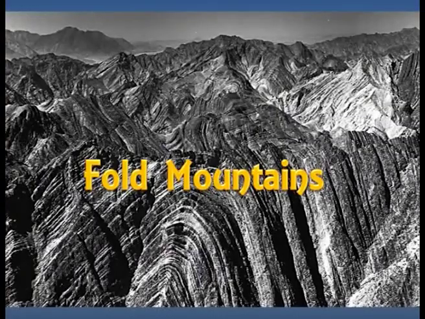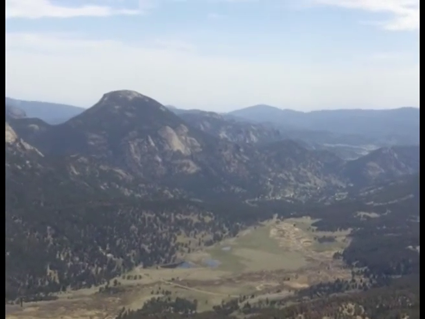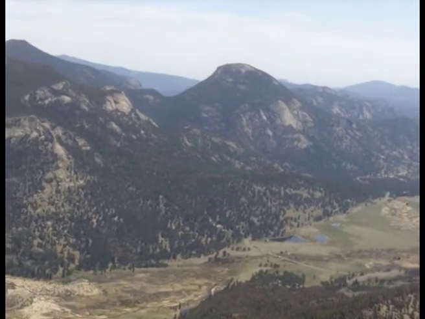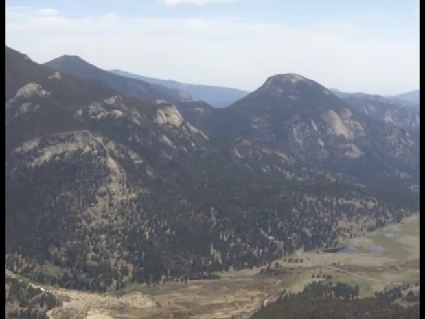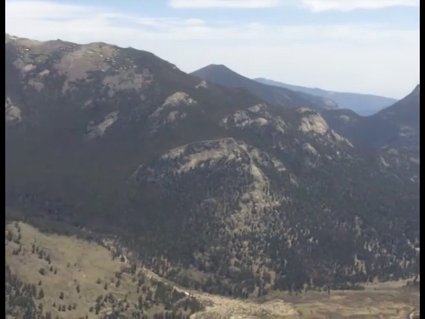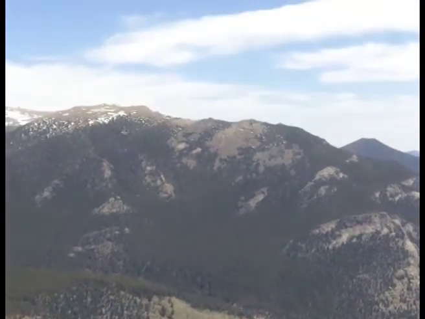Fold mountains. Most of the mountain chains of the planet are fold mountains. They can also be very complex structures that have found their origin in past igneous activity. The growth of these ranges is usually preceded by an accumulation of a lot of sediment.